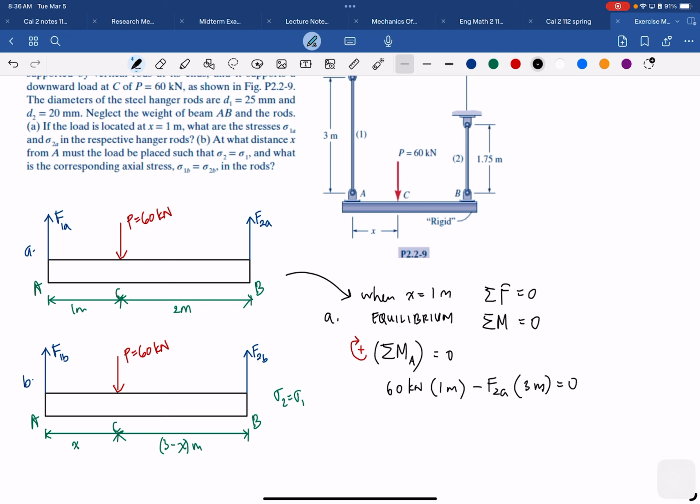It's 63.66 megapascal. Okay. Now we get everything on A.